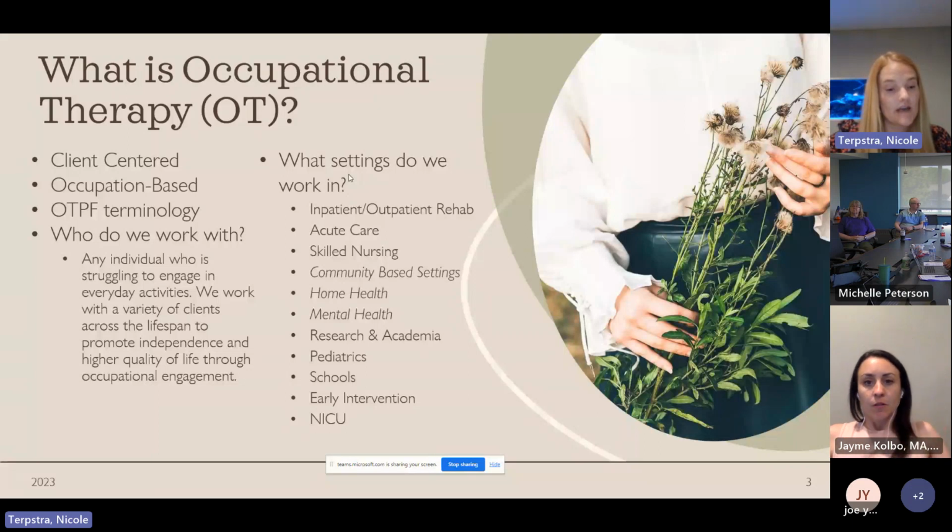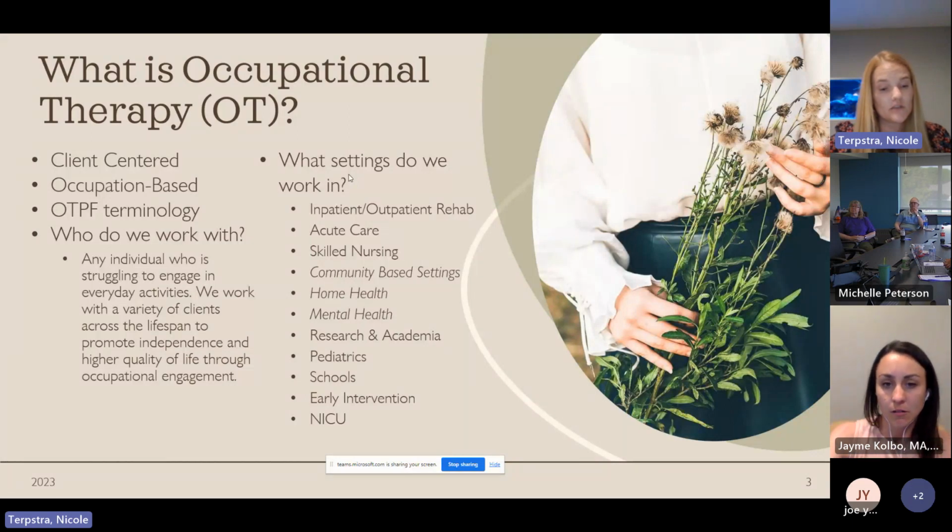Examples of occupations that OTs focus on include activities of daily living, so feeding, bathing, showering, dressing, things like that, as well as instrumental activities of daily living, which include things such as childcare, caring for animals, maintaining finances, and their household.